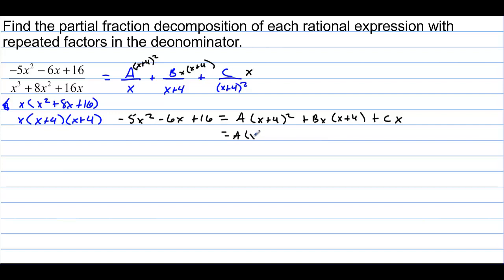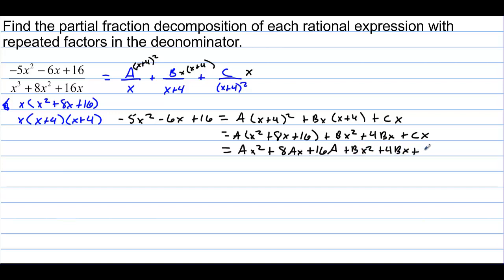We have a times x squared plus 8x plus 16, and then plus bx squared plus 4bx, and then plus cx. Let's distribute the a. We have ax squared plus 8ax, and then plus 16a, plus bx squared plus 4bx, and then plus cx.